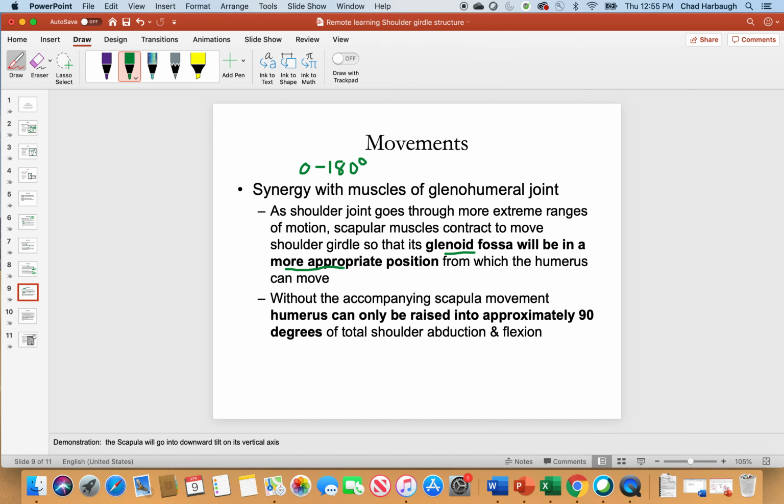rotator cuff musculature is putting the head of the humerus and the glenoid fossa in an appropriate position. So the scapula is important because as you're going from 0 to 90 degrees, after that, the larger muscles are what allow us to go from 90 degrees to 180 degrees.